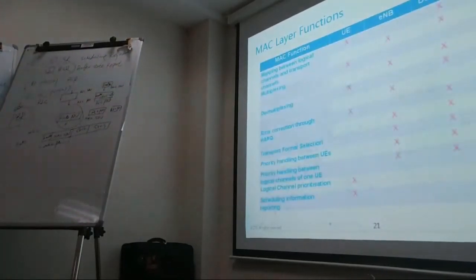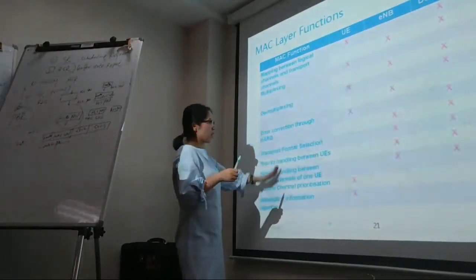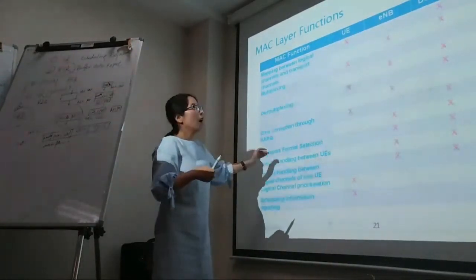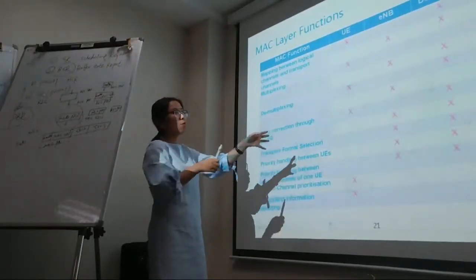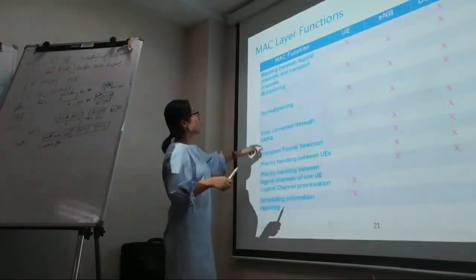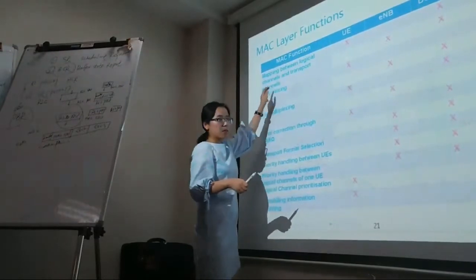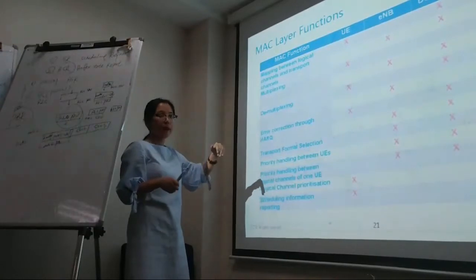So this is just the basic function, but when we see the entity for the uplink and the downlink, it has some differences, right? These are the functions we just saw before. Some are for downlink, some for uplink, and some are realized on the UE side, some on the eNode B side. For the first one, mapping between channels, it is both UE and eNode B, both downlink and uplink.